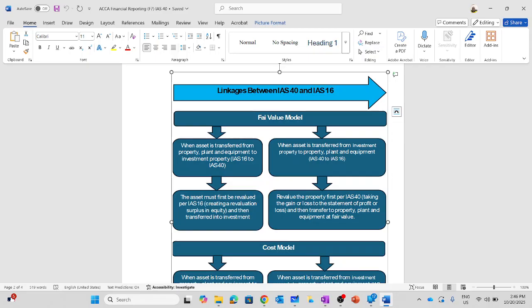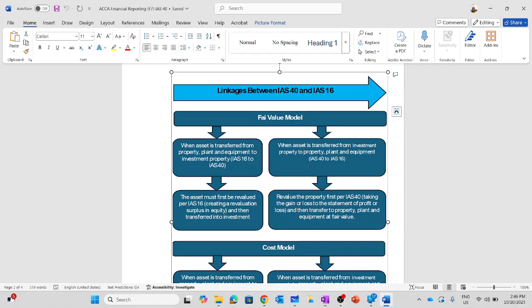Before we transfer to investment property, at that specific point in time, we need to ensure that we account for the asset as per IAS 16.